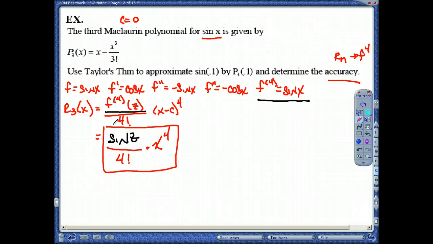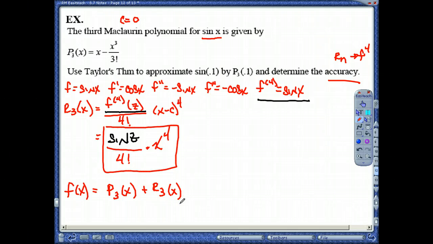Now I have to figure out the rest of it. When I look at my original function, I know that's going to be that polynomial plus that remainder.